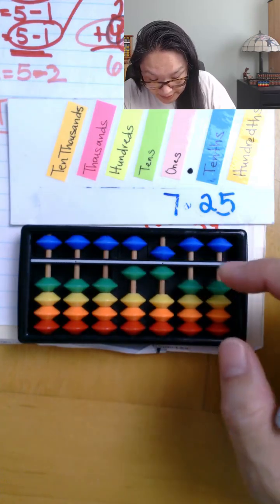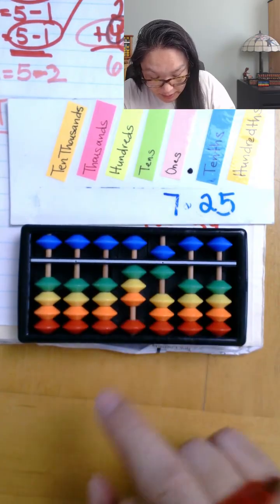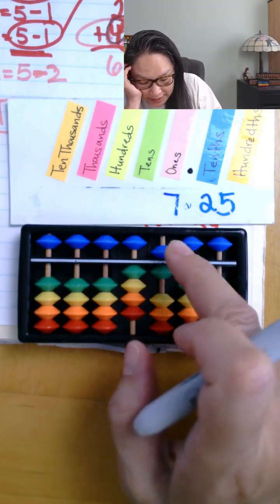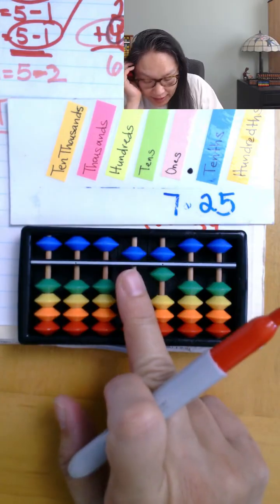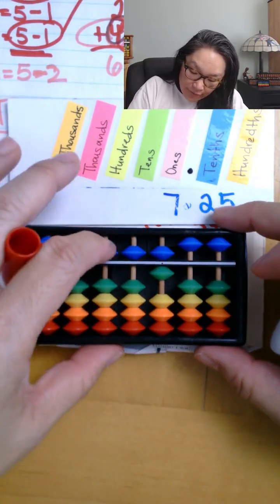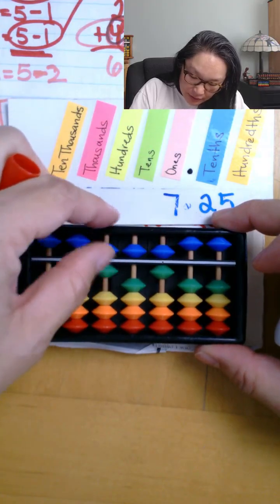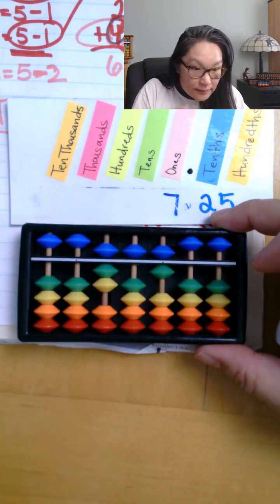After 15 is 16, 26, 36. So we can start counting by tens. 30, and then 46, 56. And then after tens, we have our hundreds. So we have 556, 656, 756.